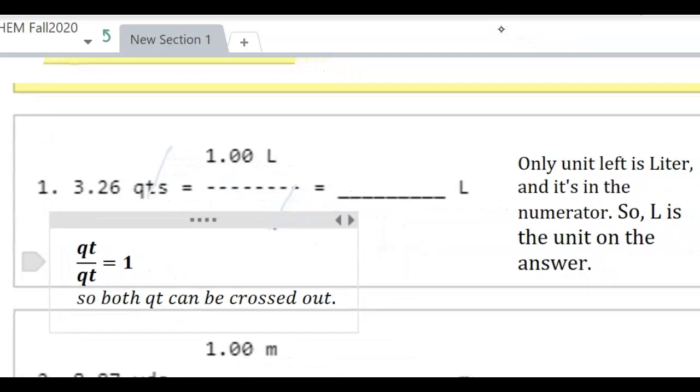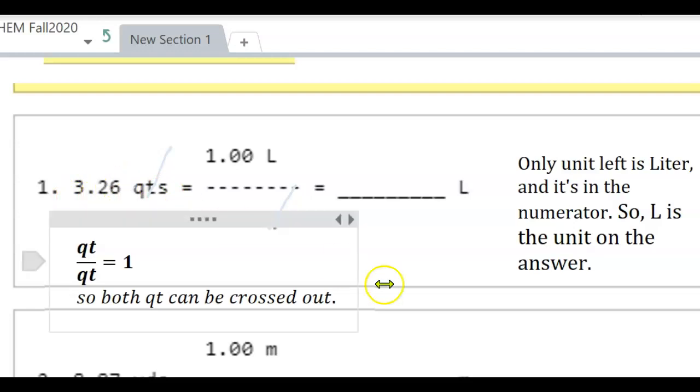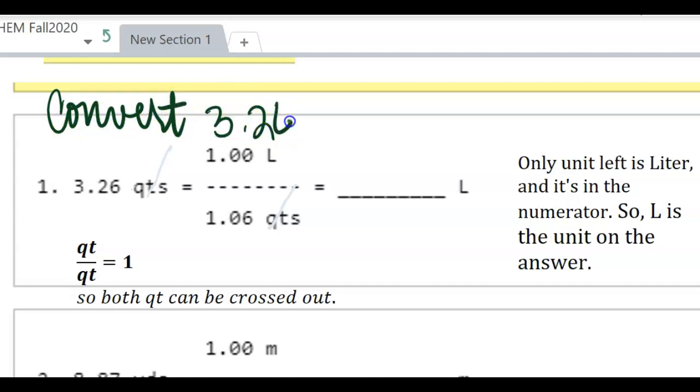Now, we have 3.26 quarts, and we want to convert to liters. This is what the problem really is: 3.26 quarts to liter.